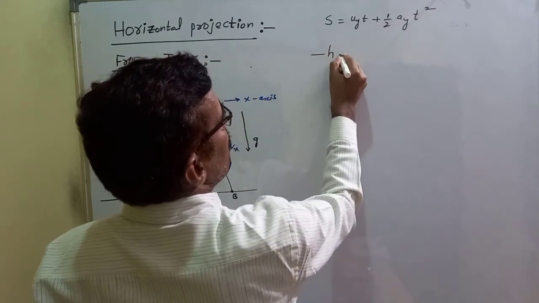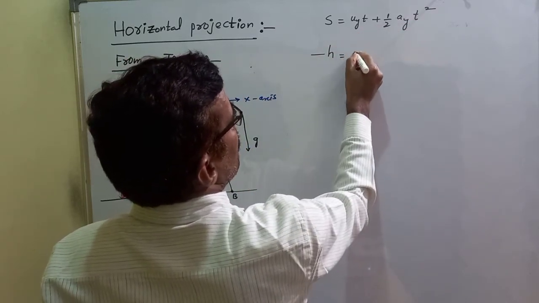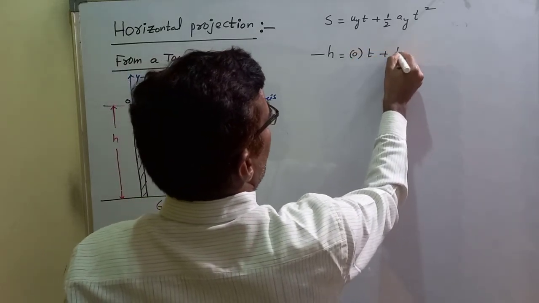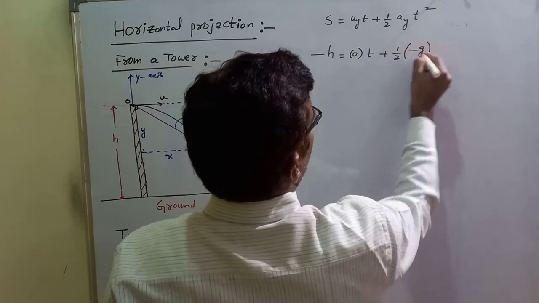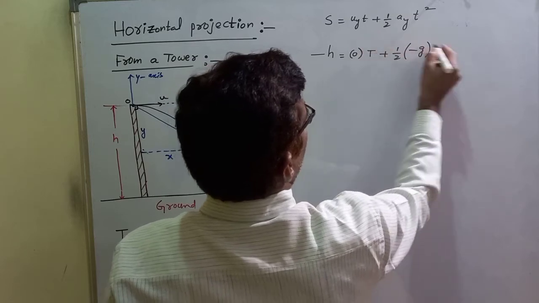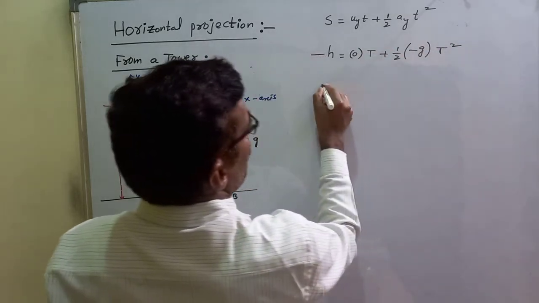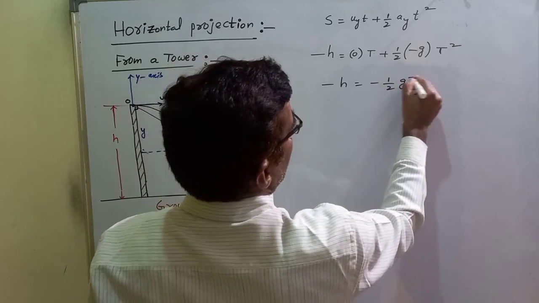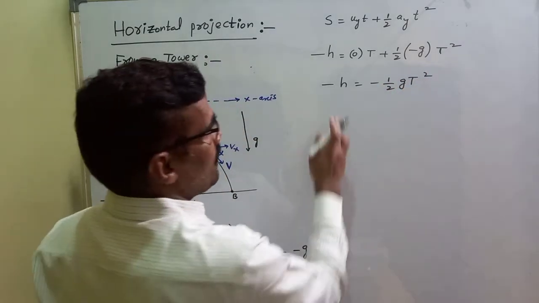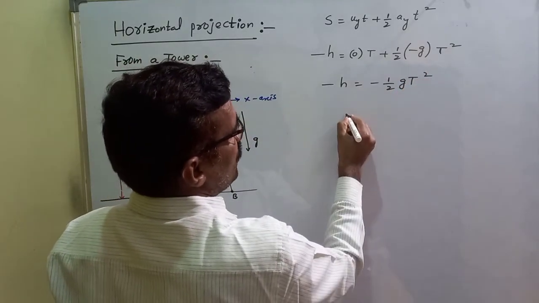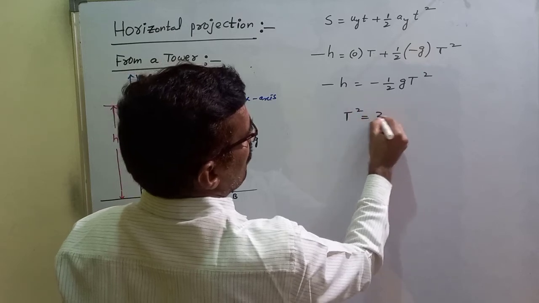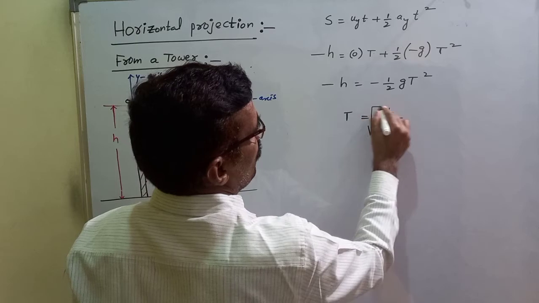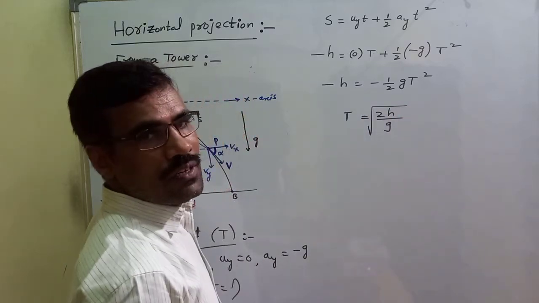S is minus h, uy is 0, ay is minus g, and t is the time of flight, capital T. So minus h is equal to 0 minus half g T square. The minus signs cancel, so T square is equal to 2h by g, and T is equal to root over 2h by g.